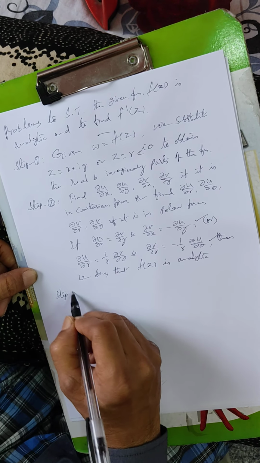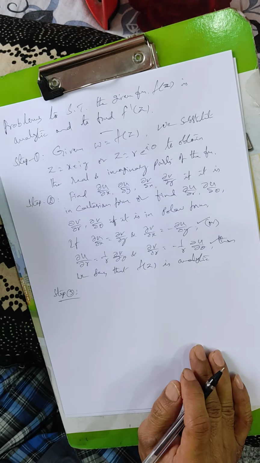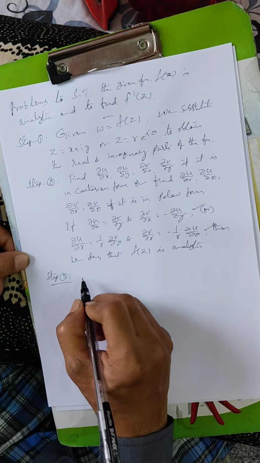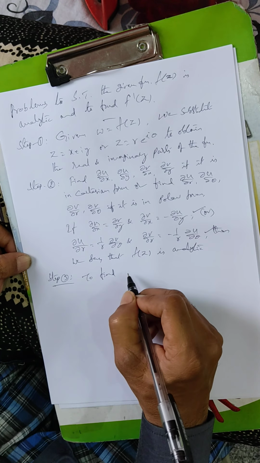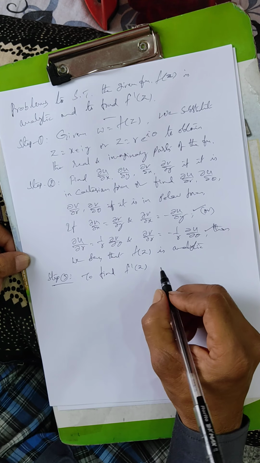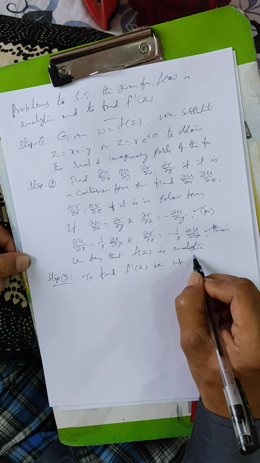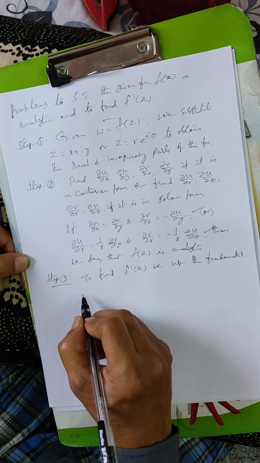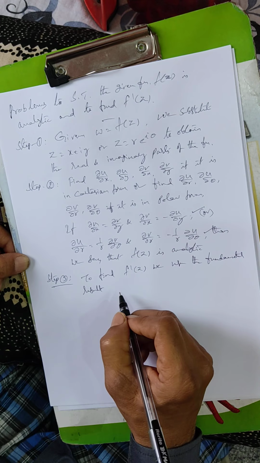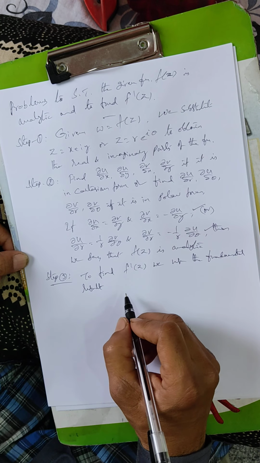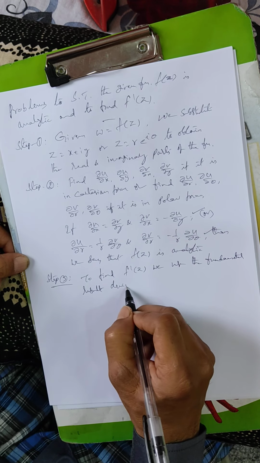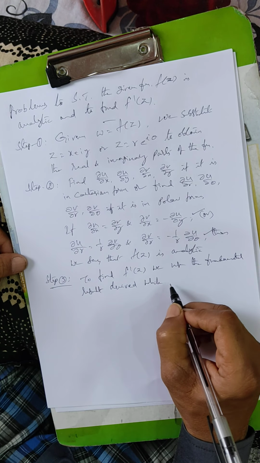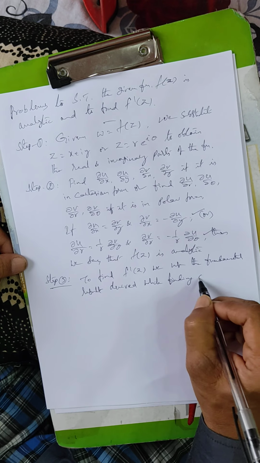Next, step 3. So what is that? To find f dash of z, that is the derivative of f of z. To find the derivative f dash of z, we use the fundamental result derived while finding CR equations.